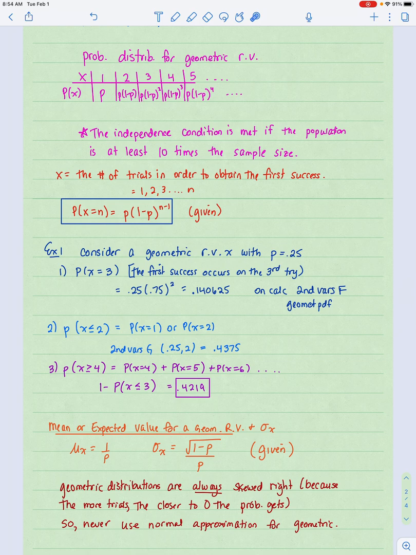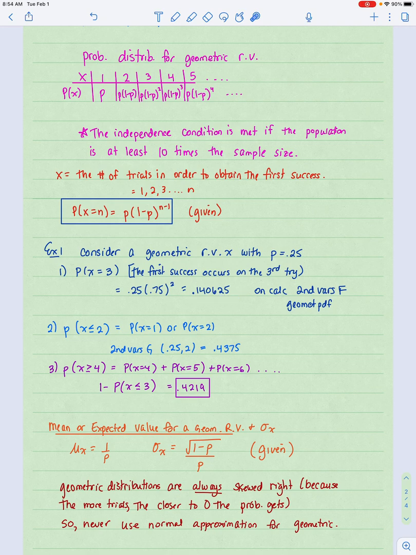So we want the probability of x equaling 3. So you plug in the probability of success on one try, which was given. And then this is 1 minus that. And then the exponent is always 1 less than n. And you just put that in your calculator. So if you just type it in as 0.25 times 0.75 squared, you'll get 0.140625.